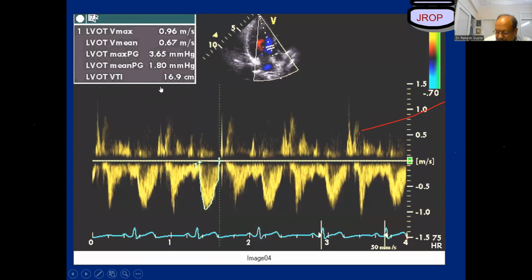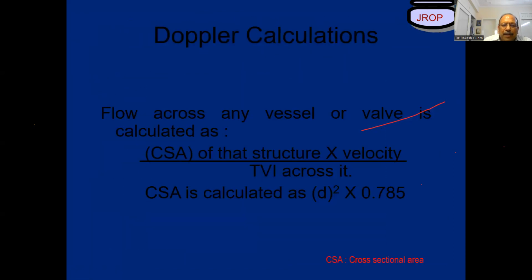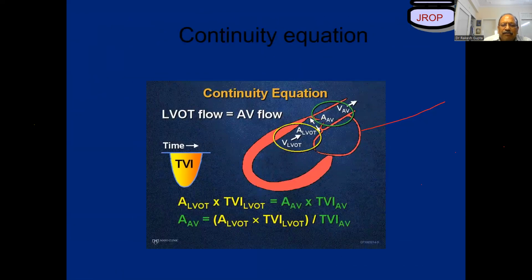So if I take these things together and go back to the image, the area of the LVOT into the velocity time integral at the LVOT is what is known as stroke volume. This is the amount of blood which is going through the LVOT.